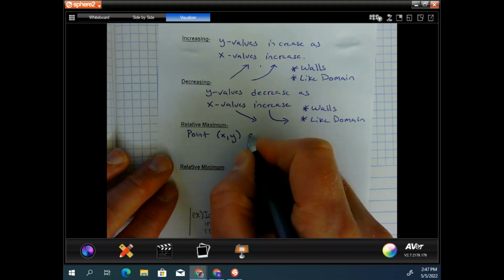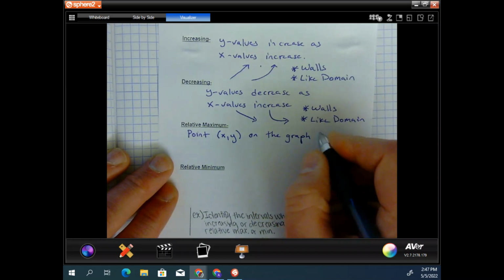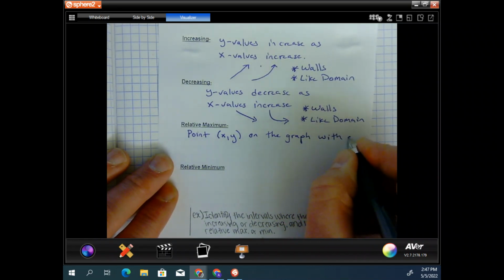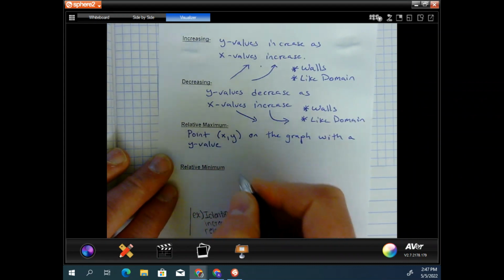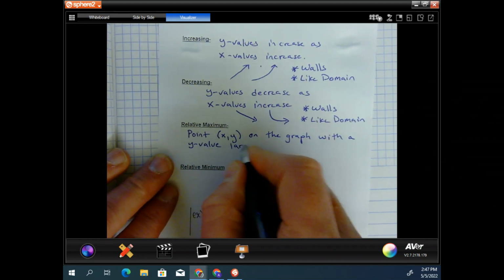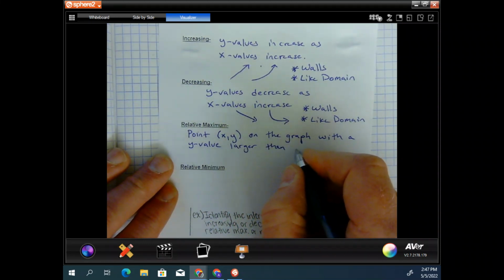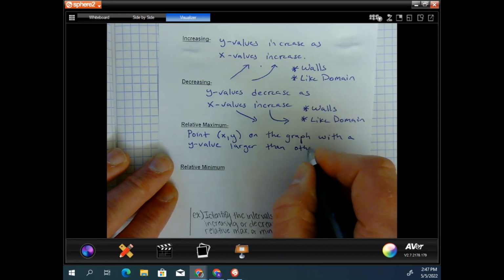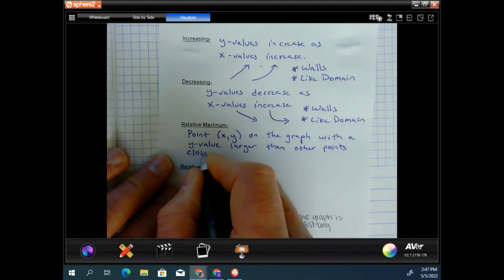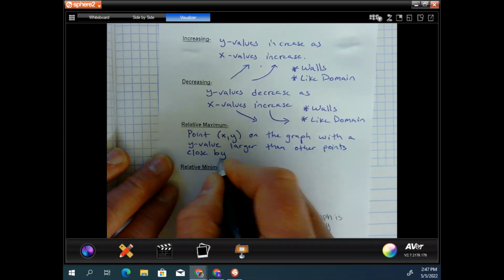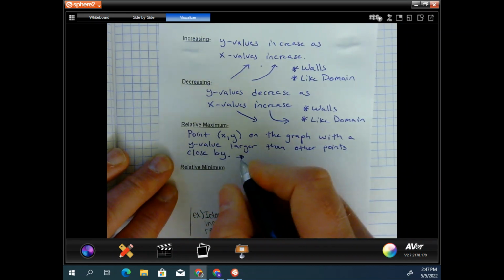That's a point on the graph with a y value larger than other points close by. Make a note of this.